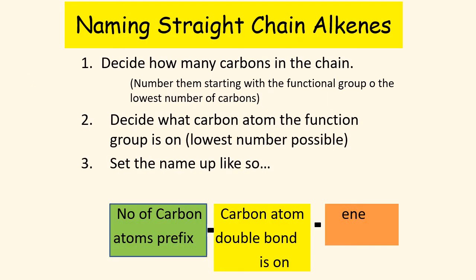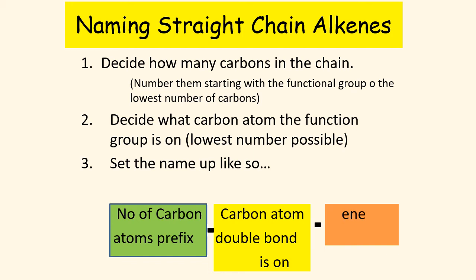So, firstly, we're going to look at the easier example of straight chain alkenes. And the first thing you need to do is decide how many carbons are in the chain. And you number them, starting with the functional group on the lowest number of carbon atoms. So if you see the double bond is on one end of the chain, you start at that end.